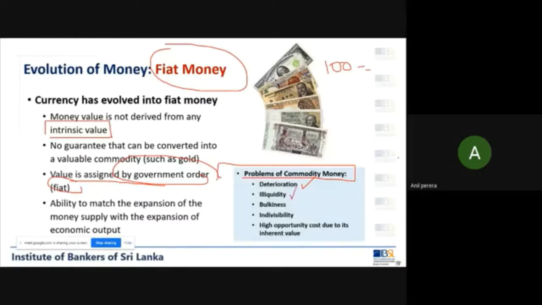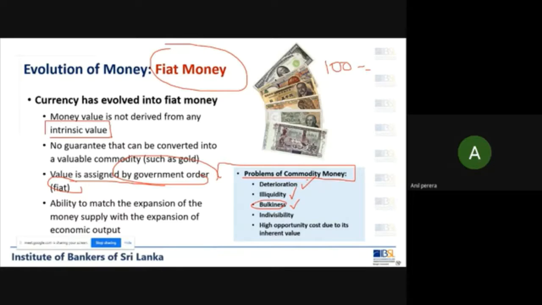Illiquidity. You cannot simply, hurriedly convert that into another form of money, right? Illiquid. Bulkiness. This is the main problem. It's very heavy. Transportation is really difficult. Probably you may have seen some old movies, Robin Hood and all these teleseries. Probably you may recall how this money is taken from one place to another.